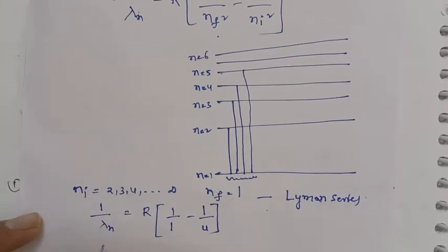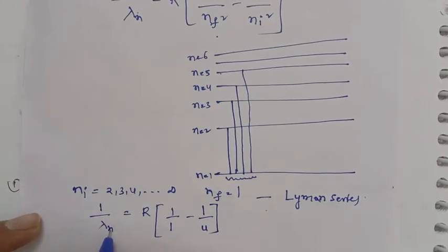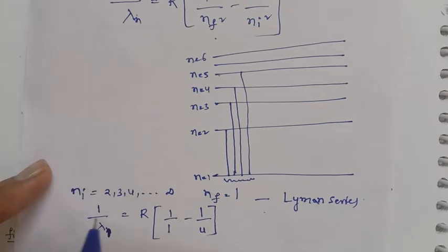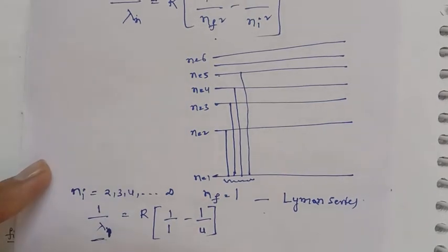So this is lambda 1, the first wavelength in the Lyman series.